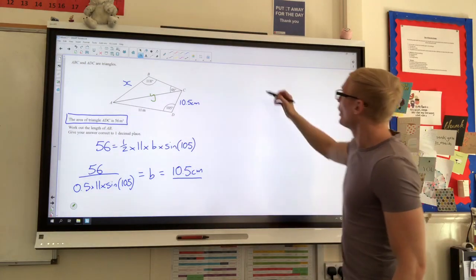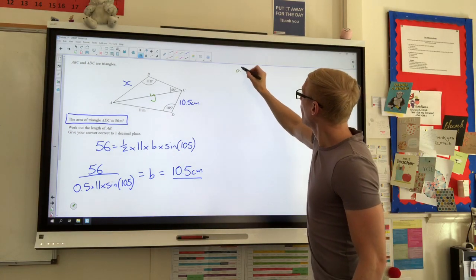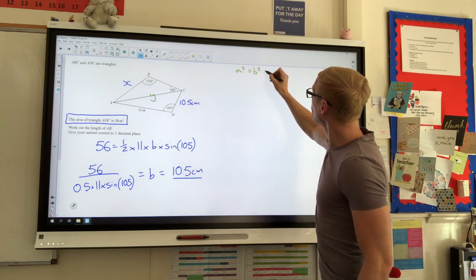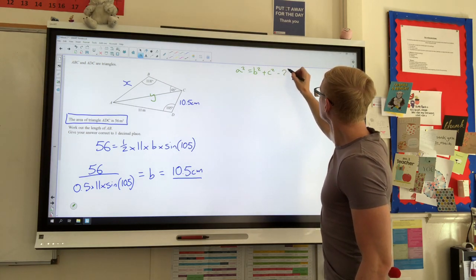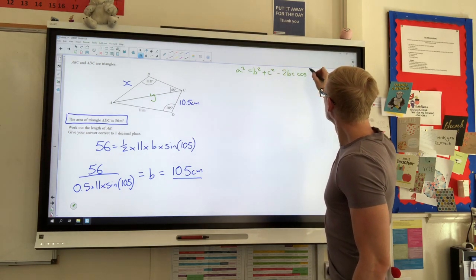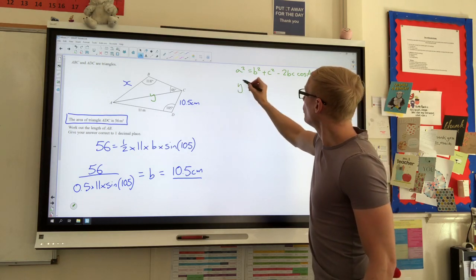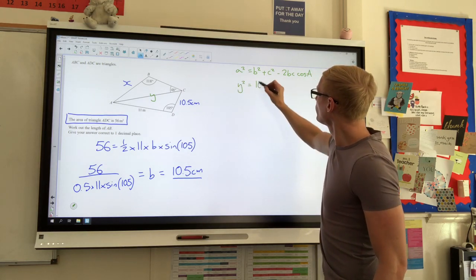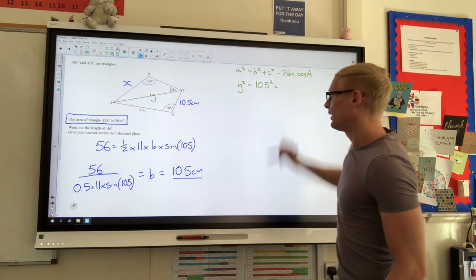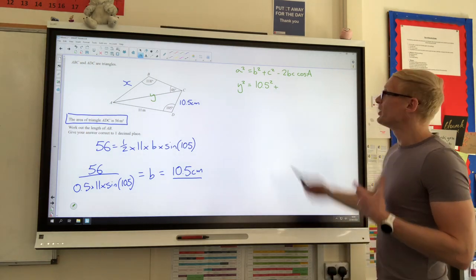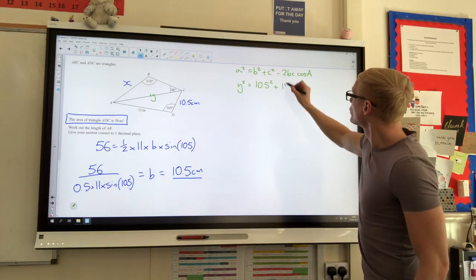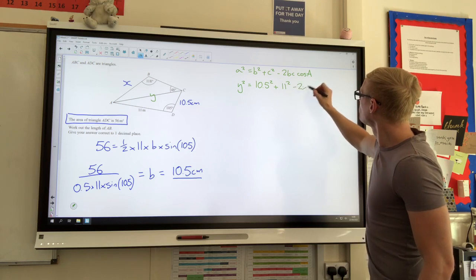So I'm going to set that up using the normal cosine rule because I'm looking for a side. So I'm looking for y squared equals 10.5 squared. And again, I would be using the answer button here rather than just typing that number in.